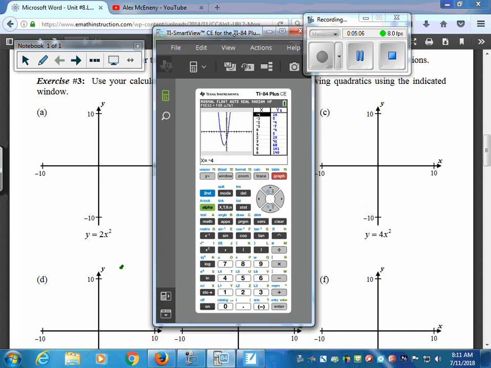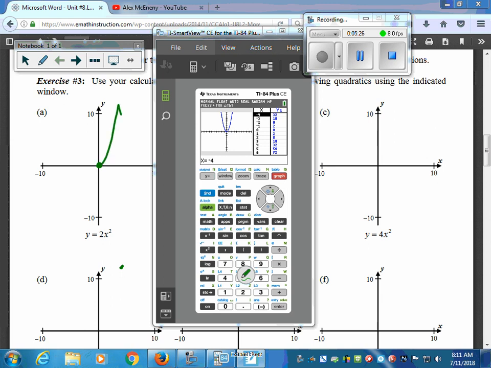So I'll put in 2x squared, just to get you started. And if we hit second and graph, I got a graph similar to what we started with yesterday on the last assignment. So it starts at 0, and again, there's no third number. And then this goes upward in both directions. And again, it's a sketch. It's not going to be perfect.